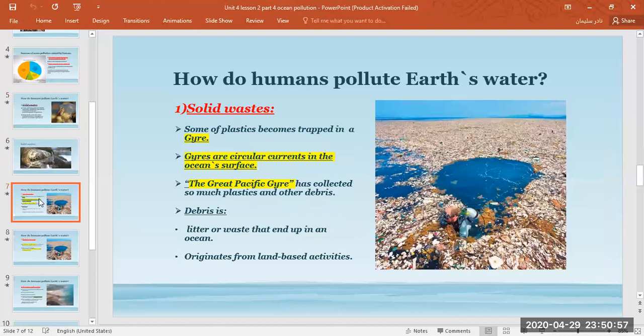Okay, and it also affects the ocean natural gyres. They become full of wastes. Okay, full of plastics and other debris or other wastes.